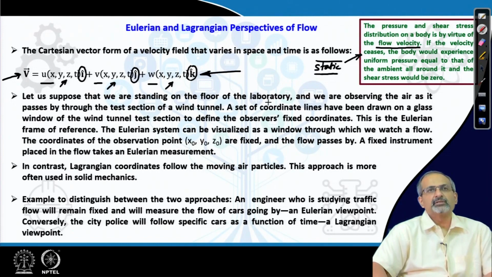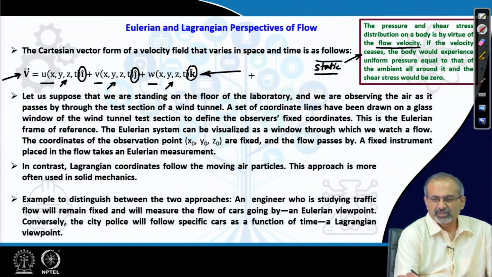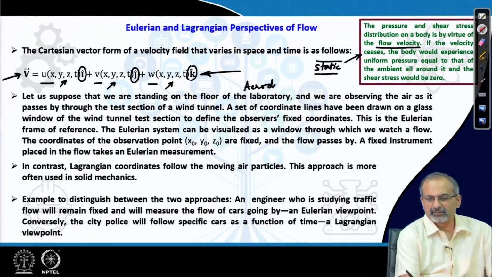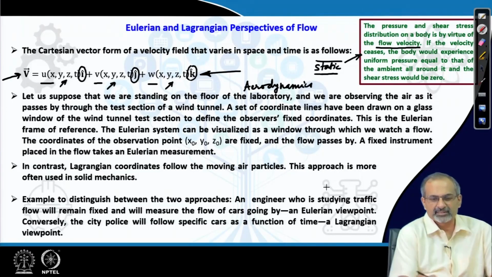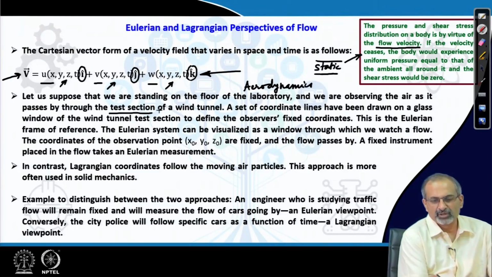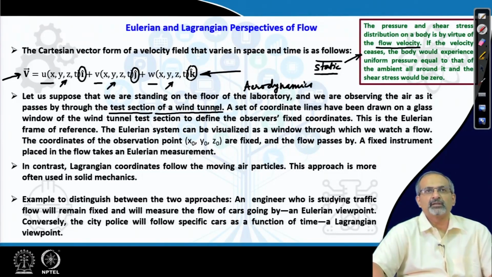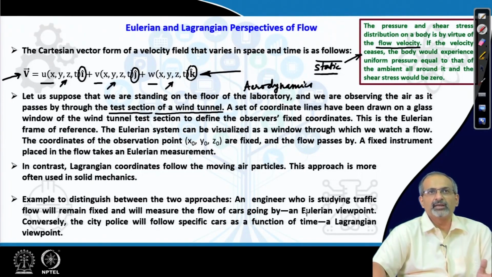Now, let us suppose that we are standing on the floor of a laboratory. So, when we are doing a course on aerodynamics, we would be in an aerodynamics laboratory, and we are observing the air as it passes by through the test section of a wind tunnel. A few lectures back, we had seen a few photographs of wind tunnels, and we recall that the heart of the wind tunnel is its test section.